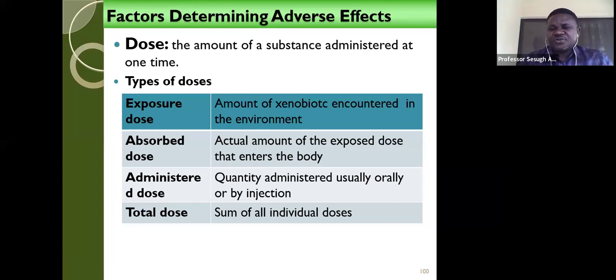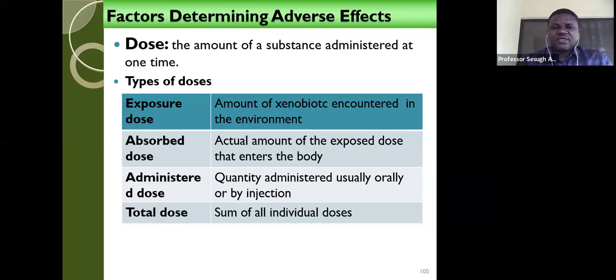If you go to the hospital, they usually give a drug for a particular ailment, and they always tell you to take the dosage: 2 in the morning, 2 in the afternoon, 2 in the evening. That's what we're referring to as dose. So the amount of substance that is administered at one time is referred to as the dose.